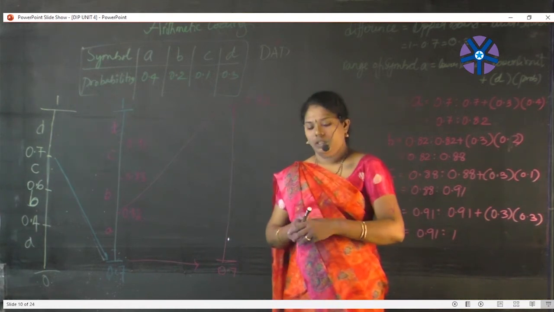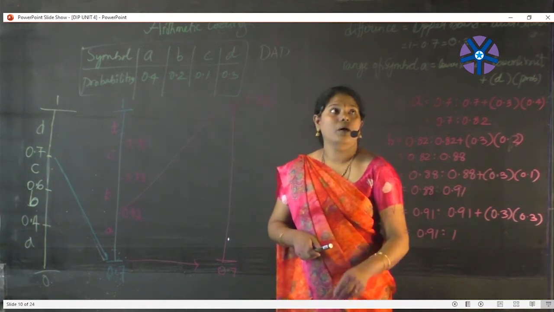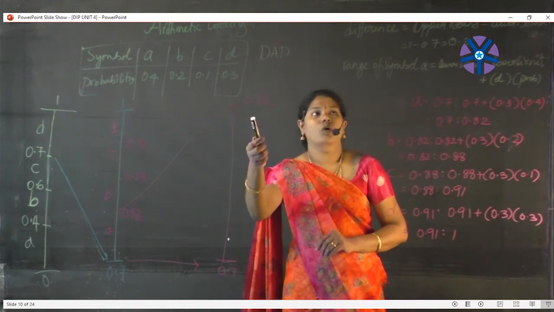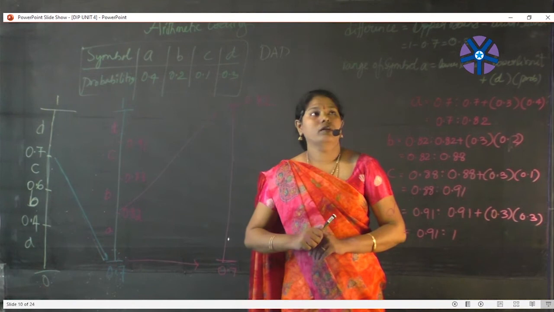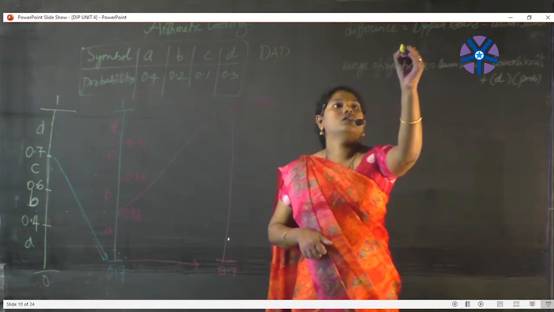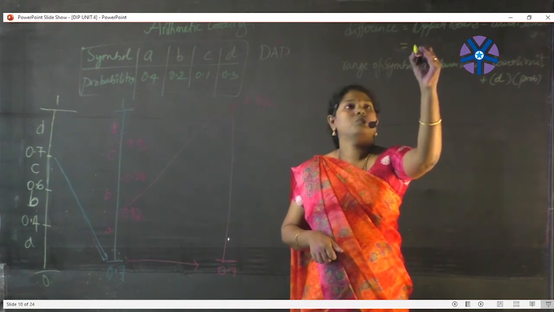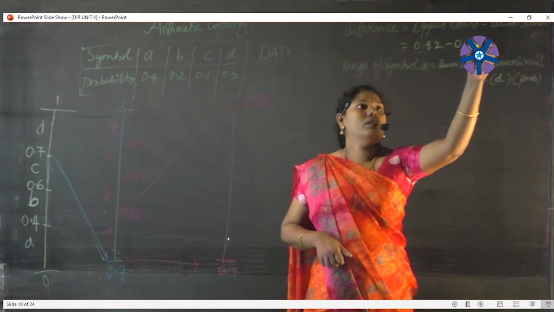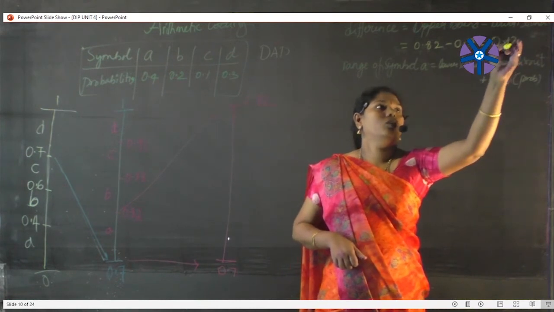The difference is the upper bound minus the lower bound: 0.82 minus 0.7, that is 0.12.